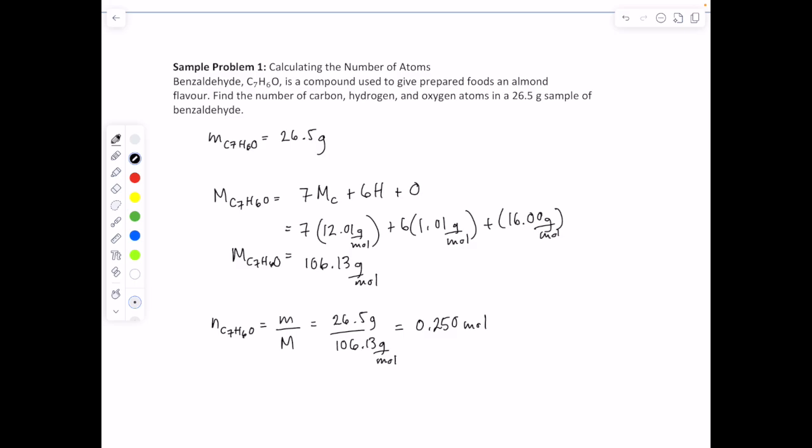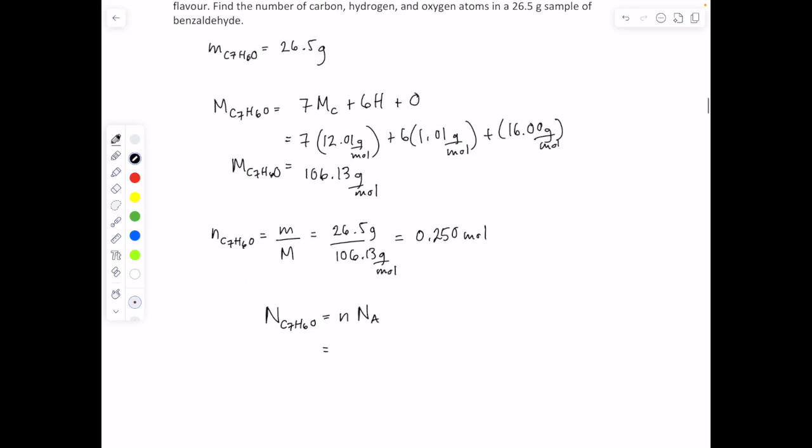Now, we can find the number of entities of benzaldehyde by finding the number of moles of benzaldehyde times Avogadro's number. So the number of moles that we've determined was 0.250 moles. And multiply this by Avogadro's number, which is 6.02 times 10 to the power of 23 entities per mole.